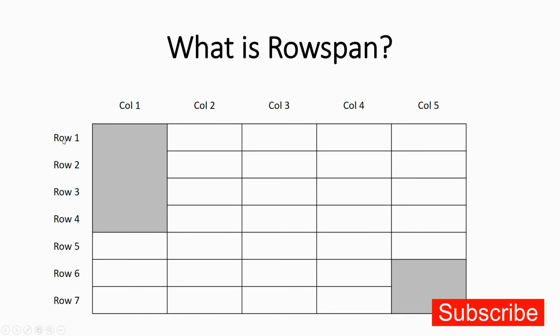And rows 1 to 4 are merged in the first column. Understand it? Okay, now we are going to understand how exactly we can get this output. We are going to make use of rowspan and colspan.